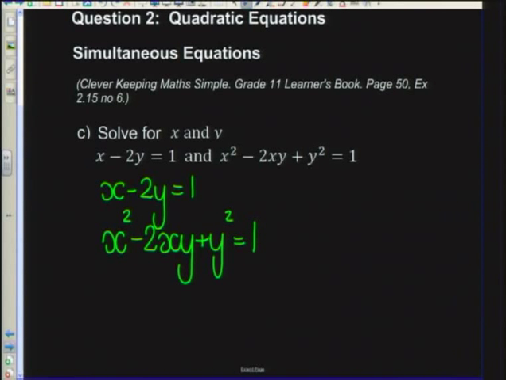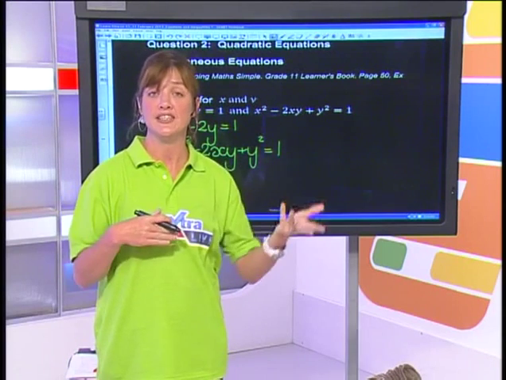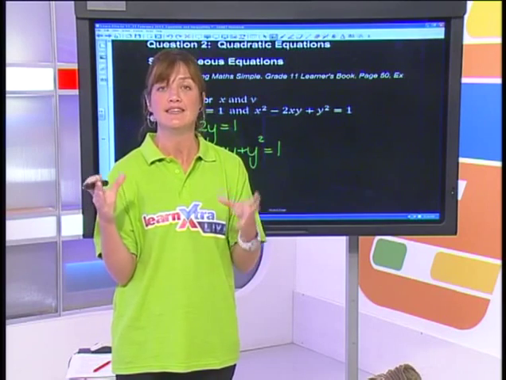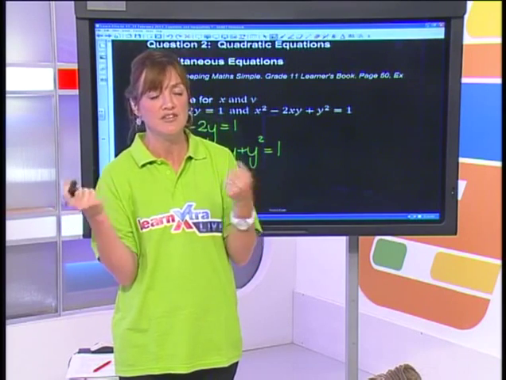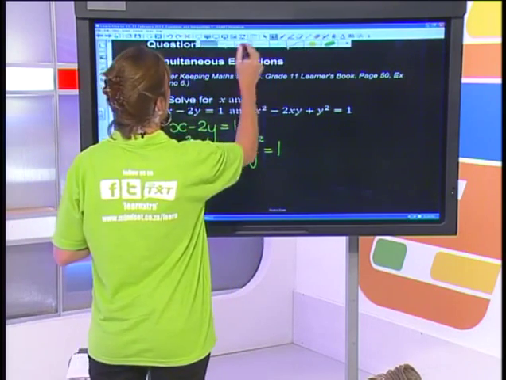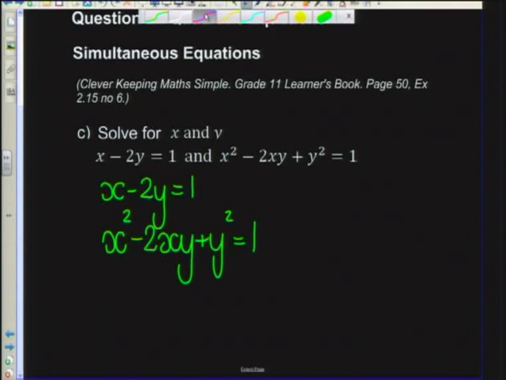When you're working with a simultaneous equation, you're typically going to have one equation slightly simpler than the other. So what I need you to do is look at the simpler equation, and within that equation, identify either the x or the y, whichever is the simpler one to get on its own. Looking at it, I can see that I've got an x and a minus 2y.